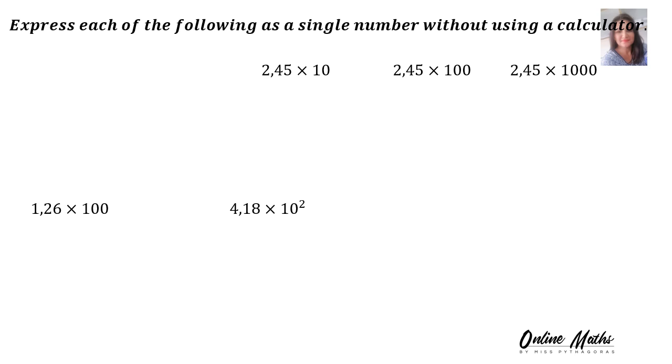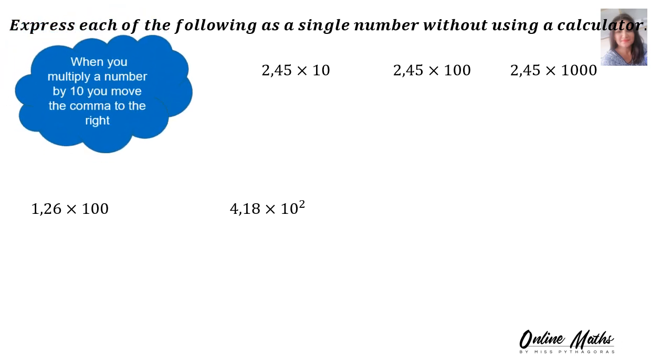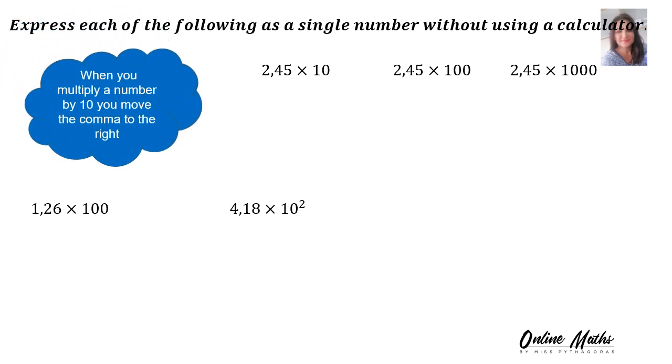Express each of the following as a single number without using a calculator. When you multiply a number by 10, you move the comma to the right. So when I give you 2,45 times 10, it means you're going to move your comma one place. So the answer will be 24,5.